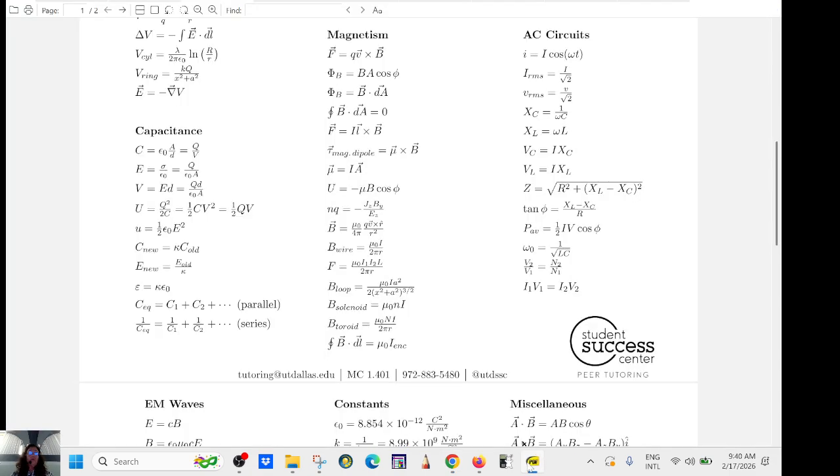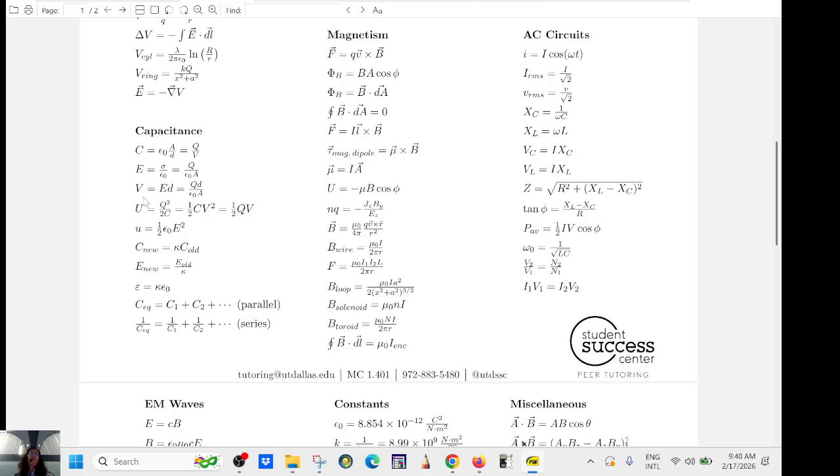So if we go back to the equation sheet here, you see the electric field, remember, is sigma over epsilon 0. We have seen that. You can show that with Gauss's law. Sigma is the surface charge density, which is the charge per unit area.